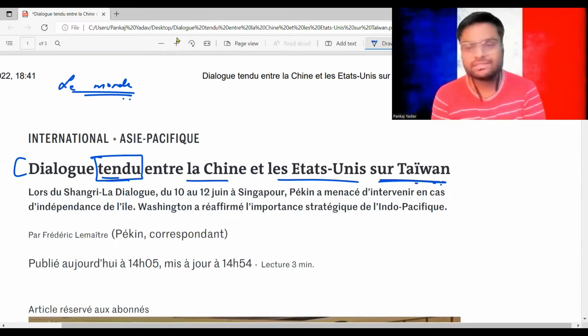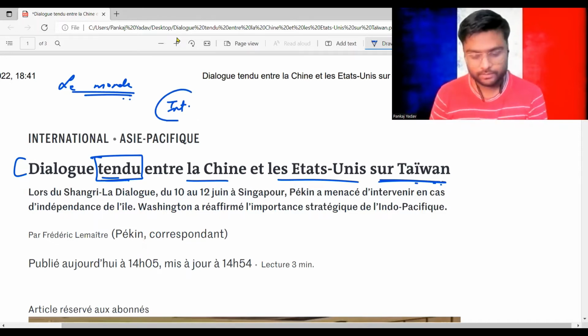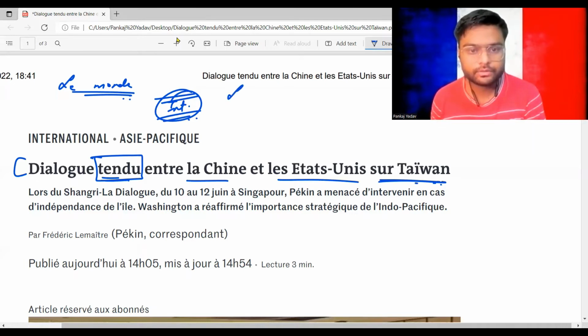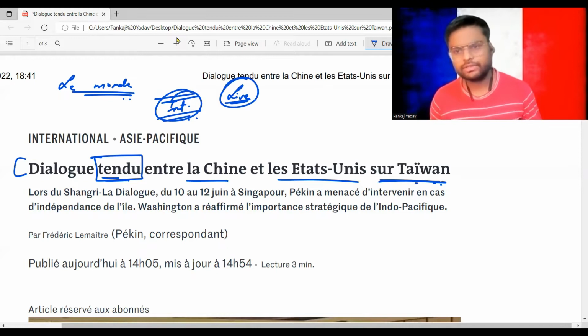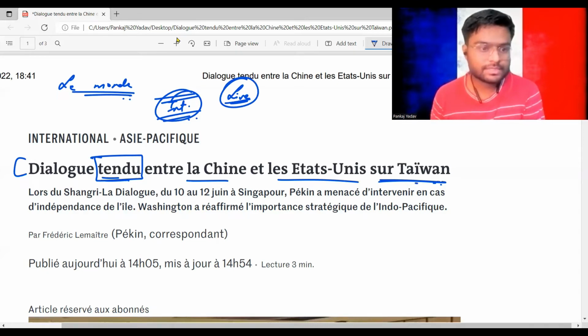So guys, listen. This is one of the tricks which I use in my interpretation work. It is like live interpretation or translation, whatever word you want to use. So let's suppose this is the sentence.